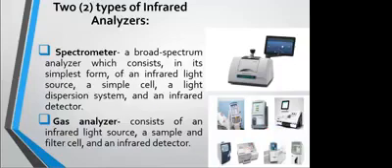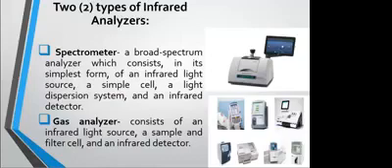So of course, this principle has led to the development of two types of infrared analyzers: the spectrometer, and we also have the gas analyzer. At first, it seemed good to have an all-in-one, because we had not yet developed that technology, an all-in-one infrared analyzer.